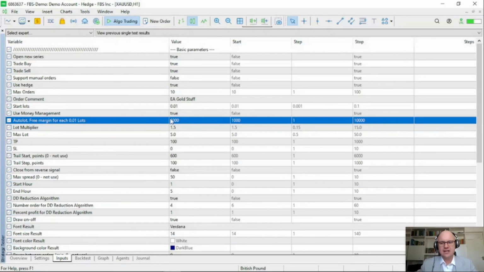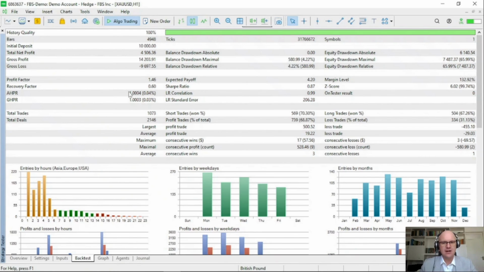The other important thing that we changed is our auto lot for free margin calculation. Now, if we take a look at the gross and net profit, that 4,506 is still a very high equity drawdown of 7,400. So it is important to note that the bot is very aggressive.